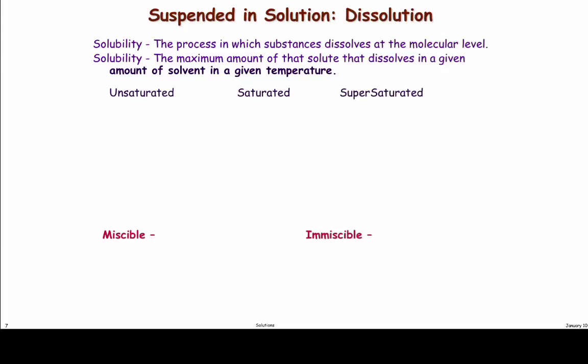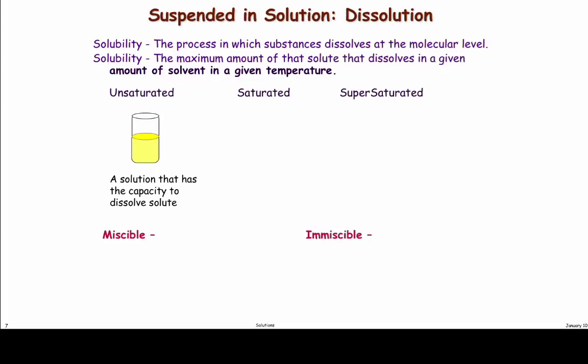So, when you have a liquid in a liquid, then what we have is something called a saturated, supersaturated, or unsaturated solution. And an example of that is the following. Actually, this is true not only for liquid and liquid, but also solid and liquid.